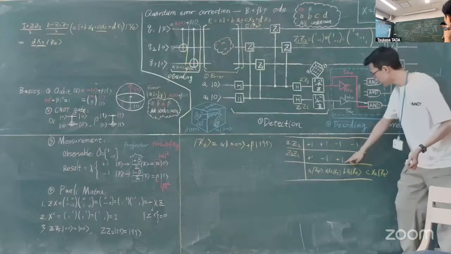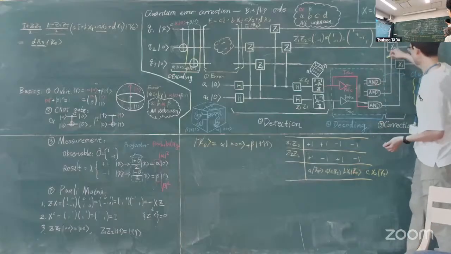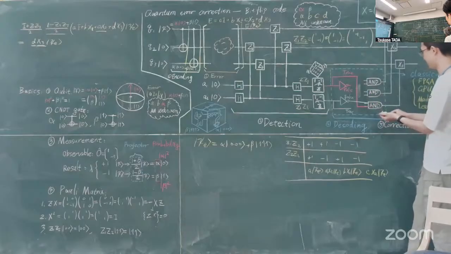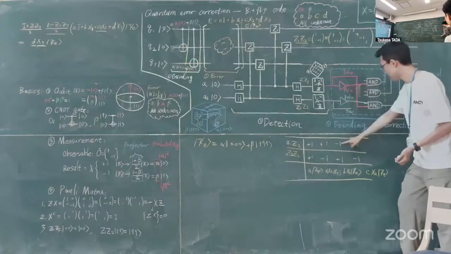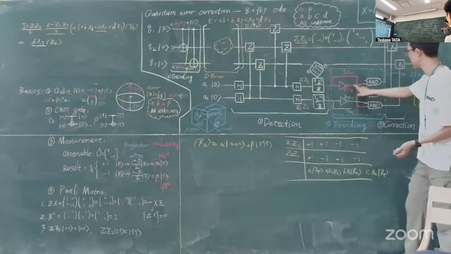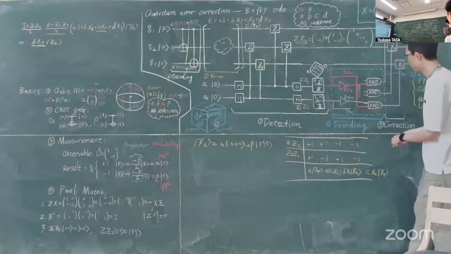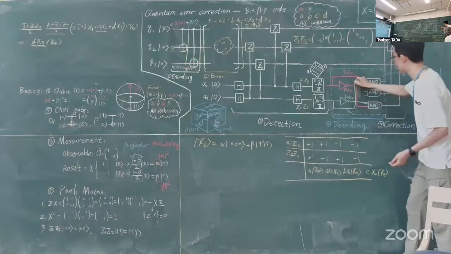And for the second row, because the error is x1, we connect this. We have applied this one, and we have this -1 minus here. So we connect this false to this AND gate, and the true line is connected to here.